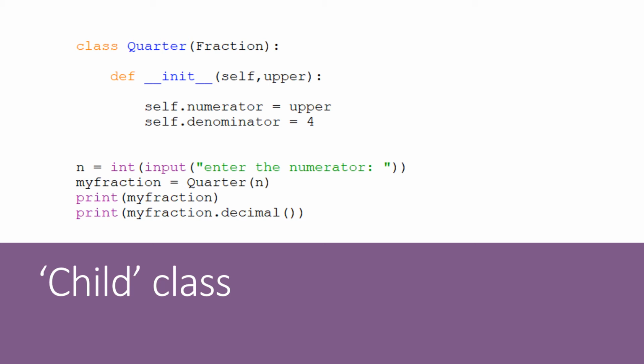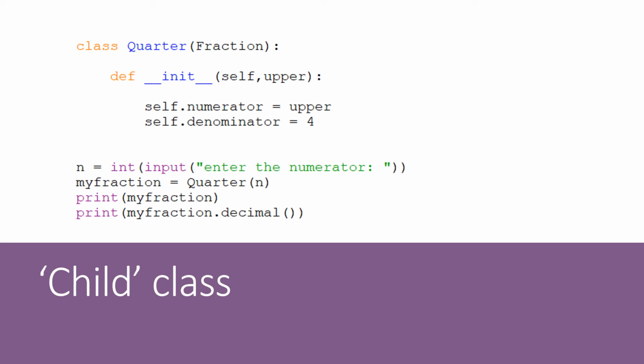I've created a new class called quarter, and can you see that after the word quarter, the word fraction is in brackets? What that means is that the class quarter inherits all the attributes and methods of the class fraction, unless we overwrite any of them with new definitions.